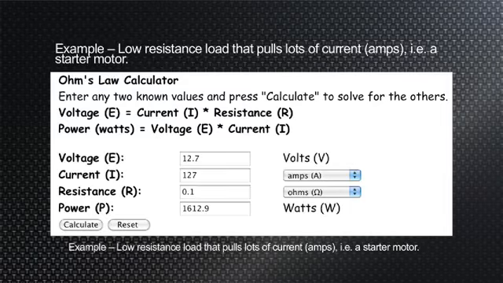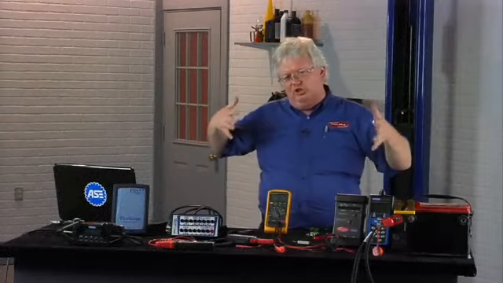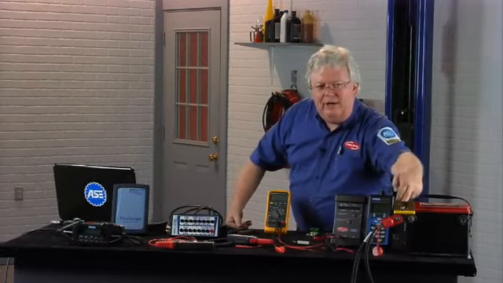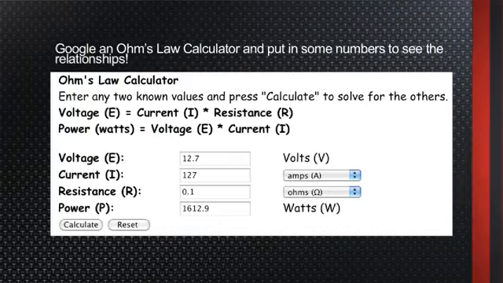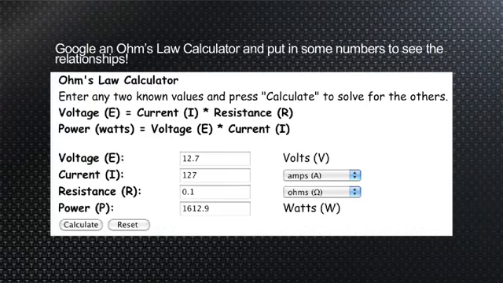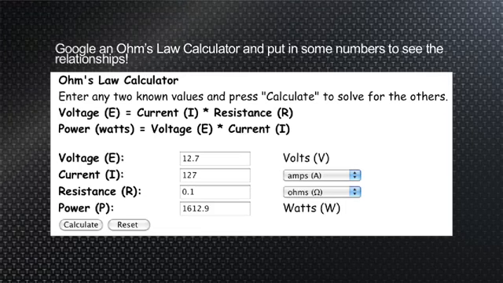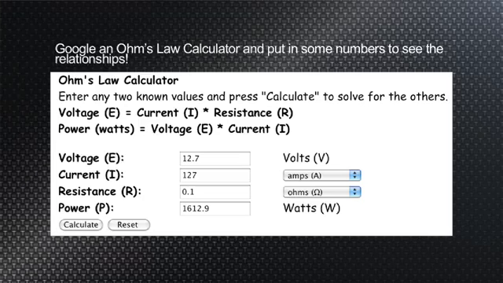So way less than 1 ohm, a tenth of 1 ohm of resistance total in a circuit leading up to a battery. What's the current flow out of that battery going to be? Now that's a pretty low resistance. What would you guess? It's going to be a high amount of current, showing 127. So you plug in 2 numbers, you get the third automatically in one of these Ohm's law calculators that's online.